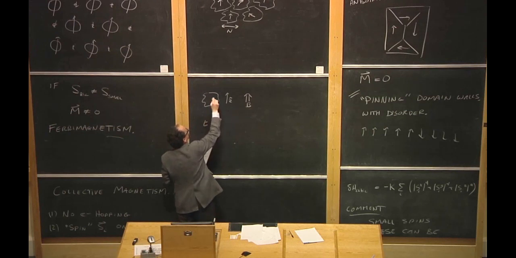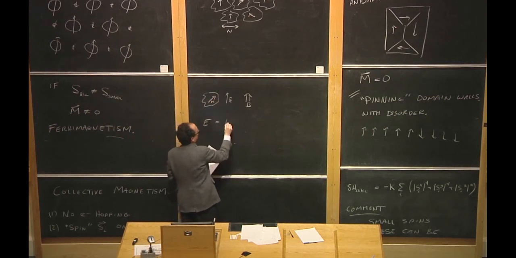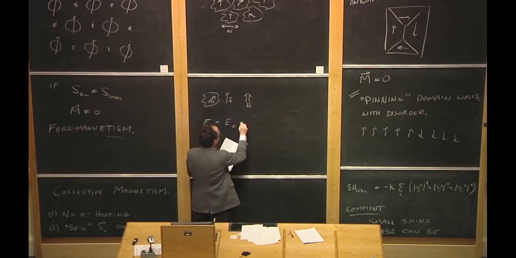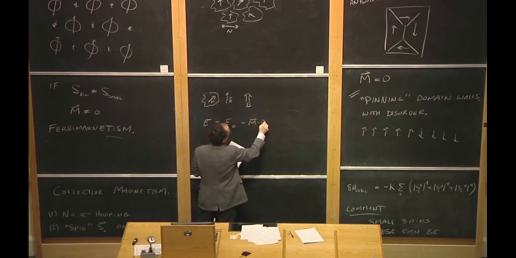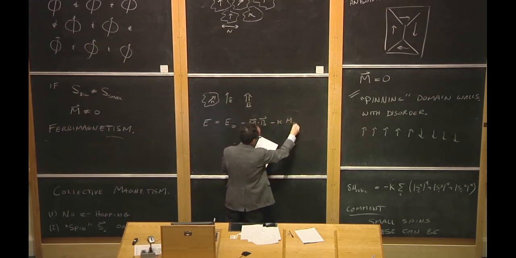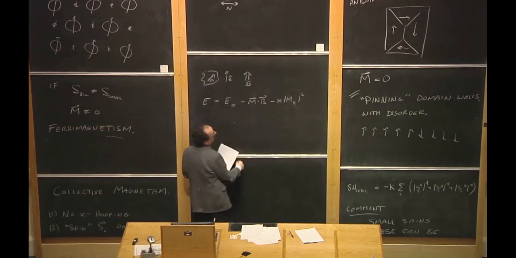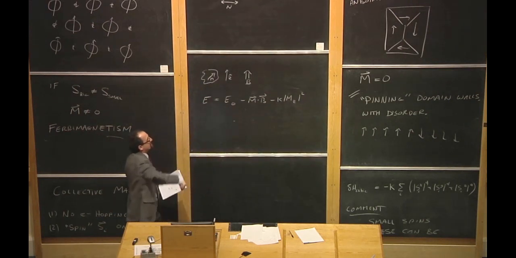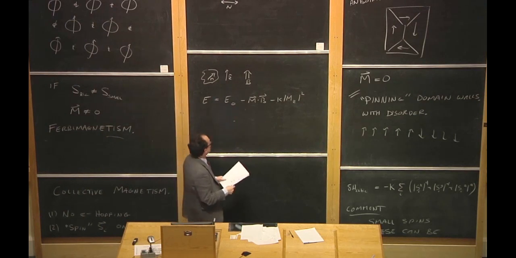The magnetic moment can be pointing in any direction we like. The energy of that crystallite is some E naught, minus m dot B, and then there's the anisotropy energy, minus kappa m z squared, which wants the magnetization to point either directly up or directly down.